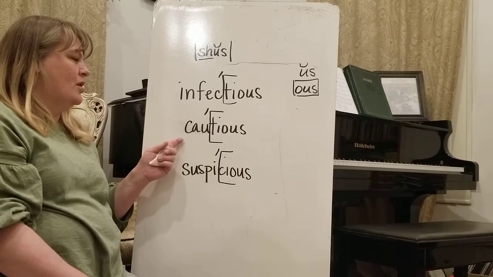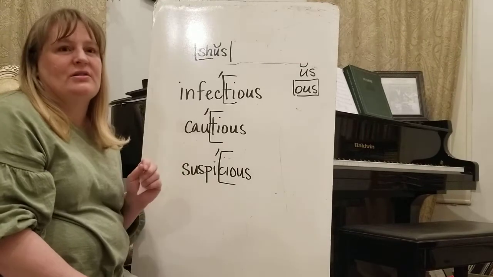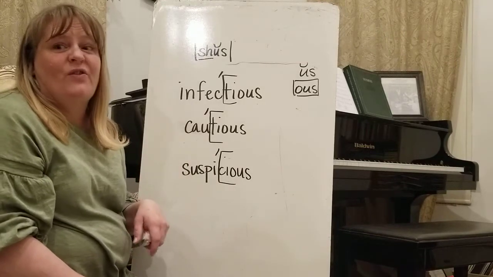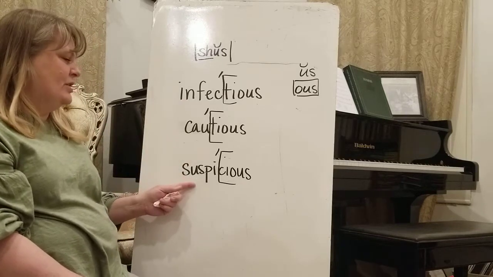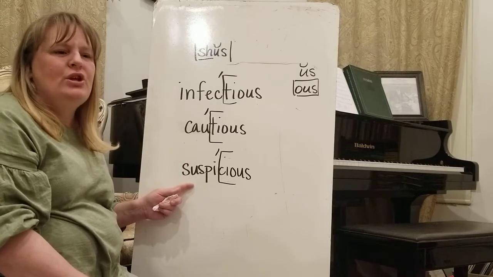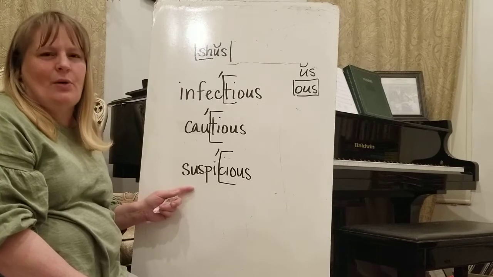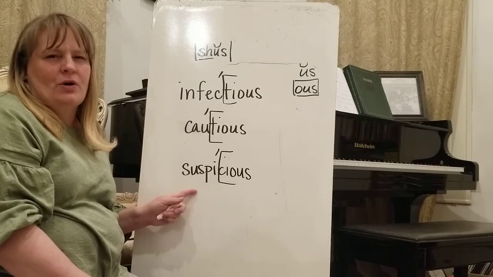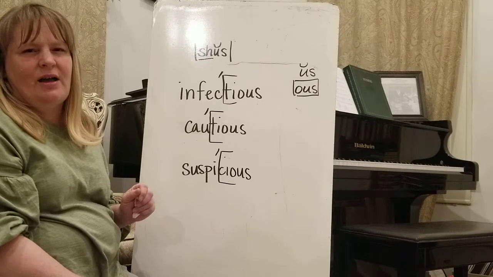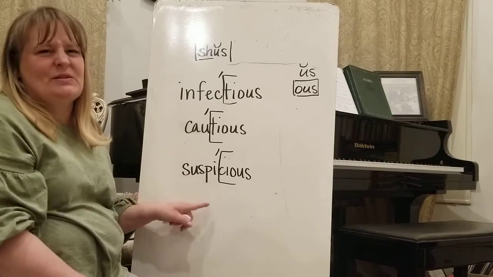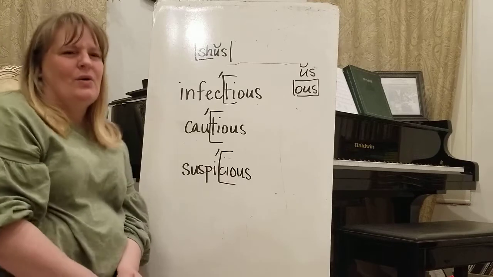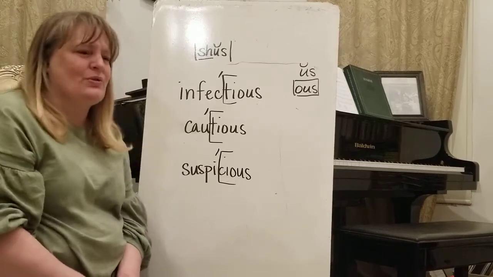You're going to walk across the street very cautiously, very carefully to make sure there aren't cars or any danger. Suspicious is when you don't trust something or someone. You aren't sure if what they're saying is right, or you're not sure if that place over there is safe. You're suspicious. You're kind of questioning whether it's good or true or right.